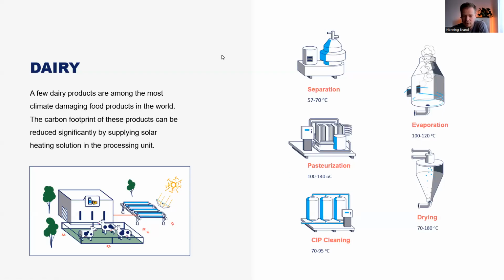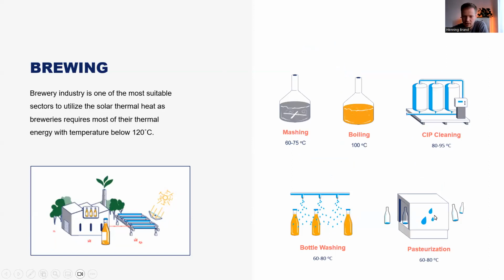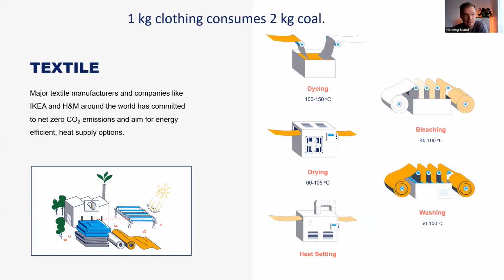So let's look at the dairy industry. In the dairy industry, we have processes such as separation, pasteurization, cleaning, evaporation, drying. If we look at brewing, there is mashing, boiling, again cleaning, bottle washing, pasteurization. If we look at the textile industry, we use dyeing, drying, heat setting, washing, bleaching.